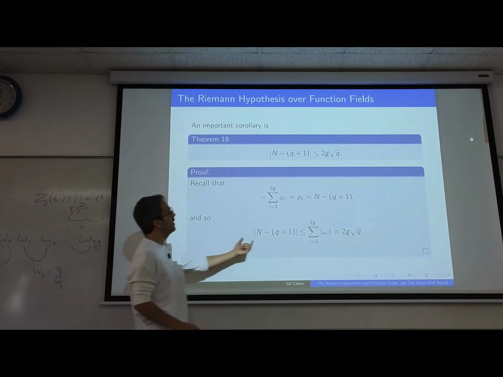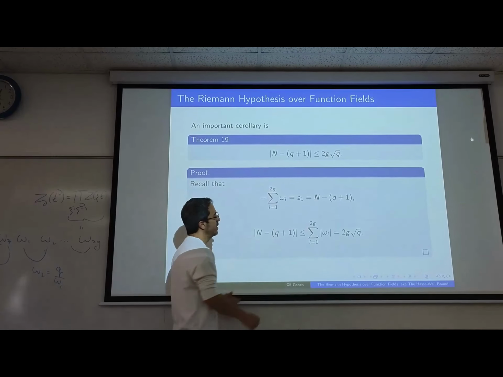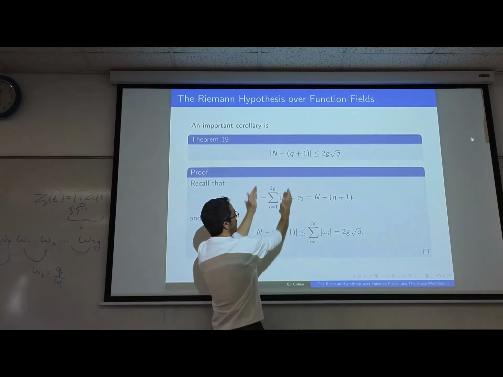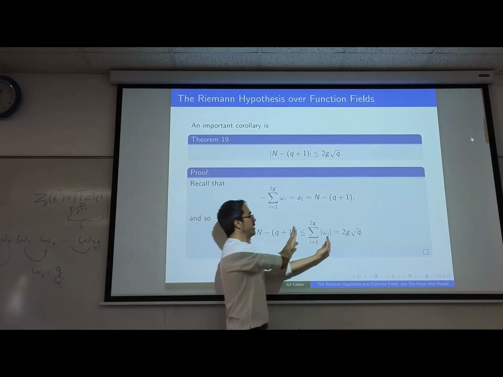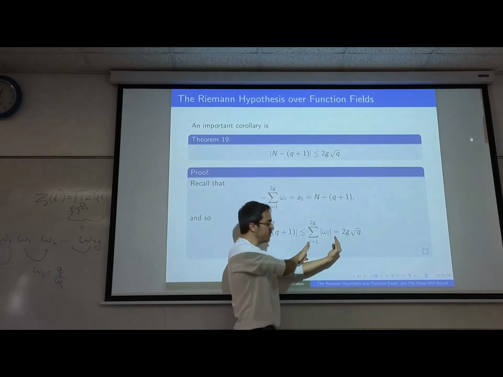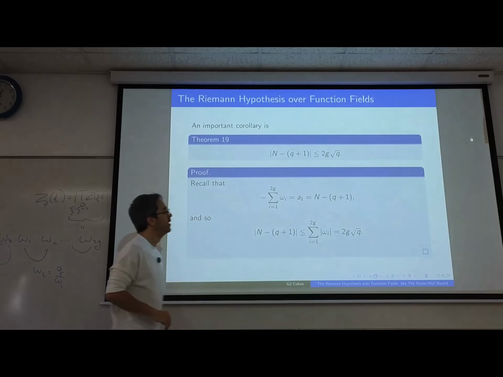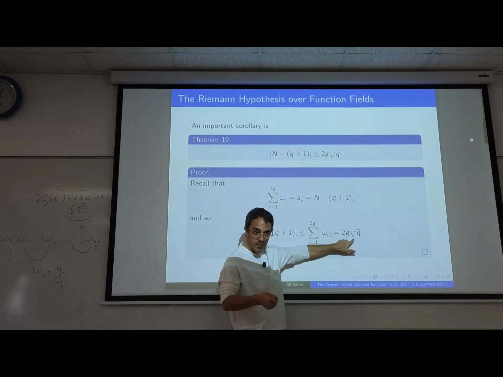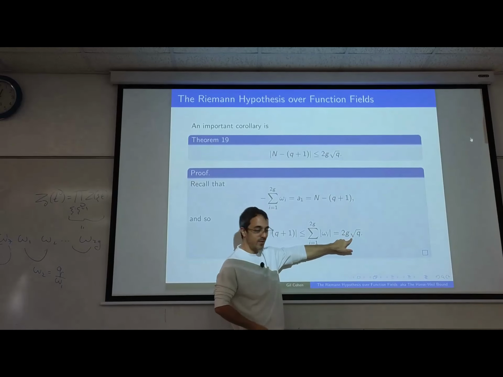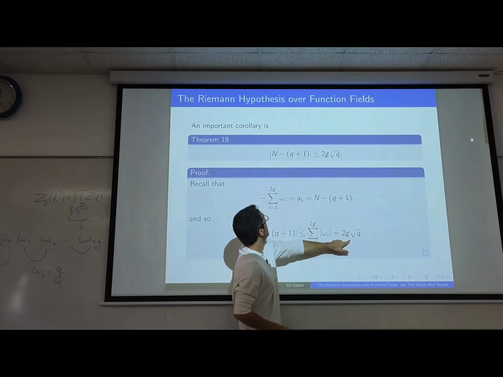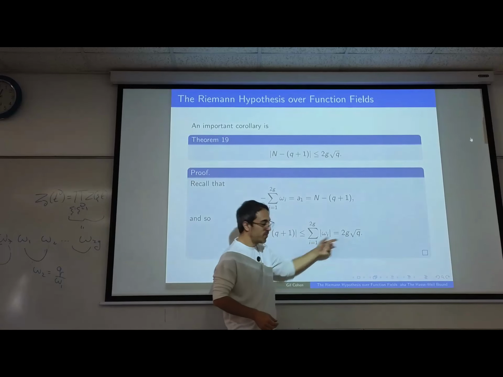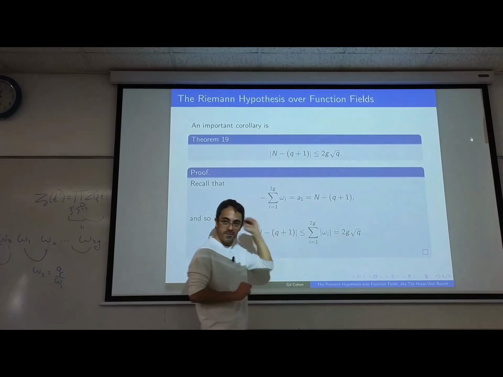So this means that n minus q plus 1, if you just do a triangle inequality here, is the absolute value of this sum, and by the triangle inequality, it's at most the sum of the absolute values, the complex valued modulus. And that's it. You have 2g summands. Each of them is, by the Riemann hypothesis, or theorem 18, square root of q. So you get 2g square root of q.